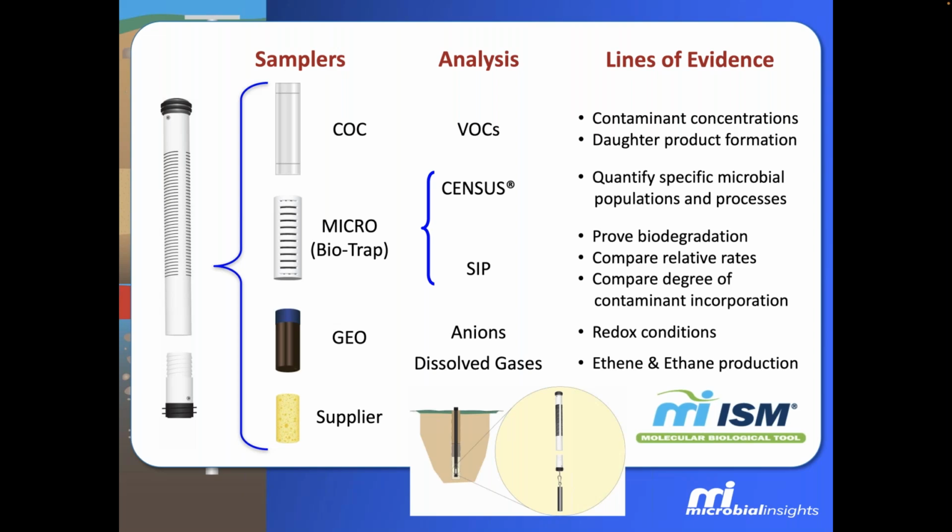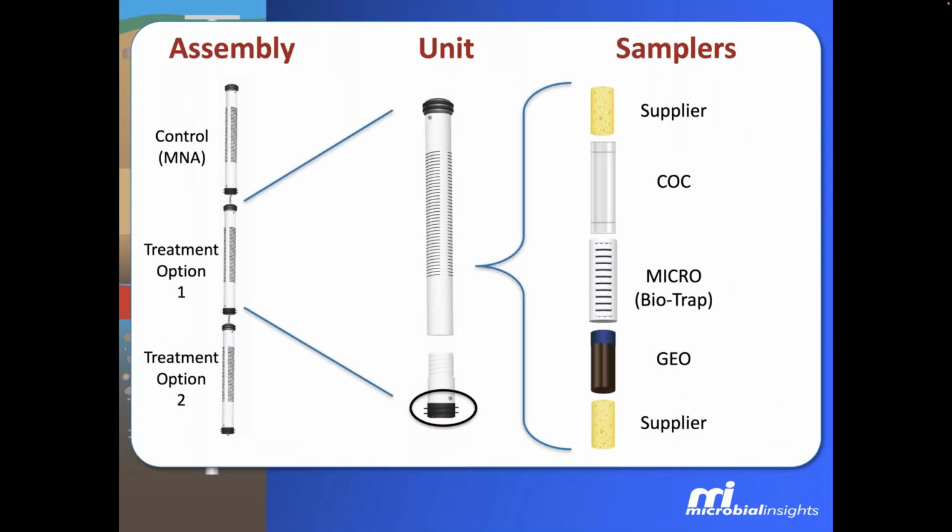The material we're supplying here is a biostimulation amendment of some sort. And as you'll see, depending upon the contaminants that we're working with, we might use different amendments here. But that's basically what the inside of an in situ microcosm looks like.